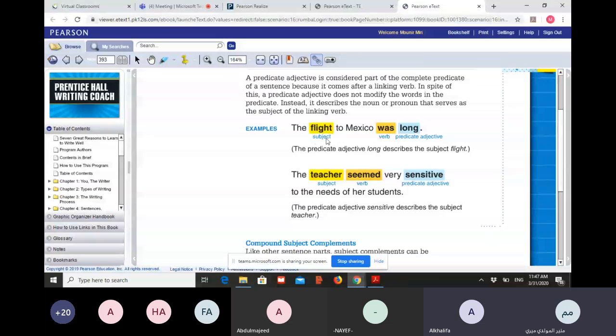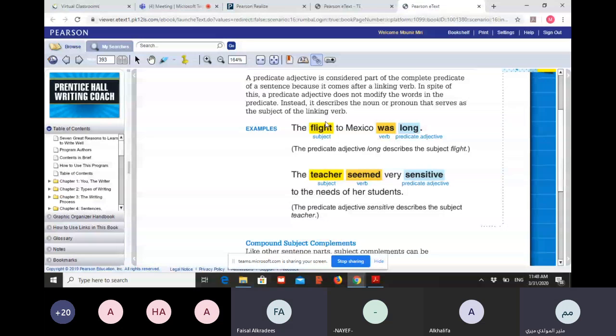The flight is the subject, was is the verb, and what comes after the verb is not a noun or pronoun. It is an adjective. So this adjective does not identify the subject. We say that this adjective describes the subject. Is it clear?